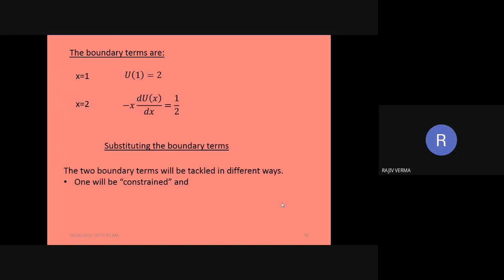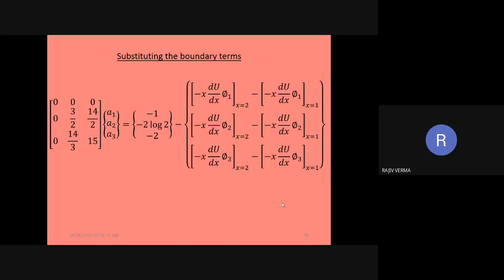The two boundary terms are going to be tackled in two different ways, out of which one is going to be constrained and the other is going to be unconstrained. In fact, the second boundary term is going to be in the form of an unconstrained boundary condition. So we are starting with the second boundary condition first, and the first boundary condition is going to be tackled later on.